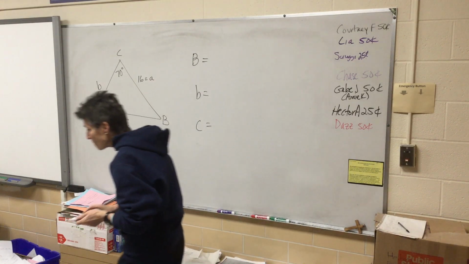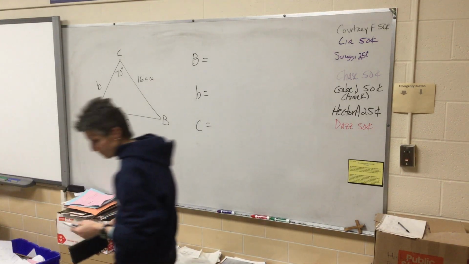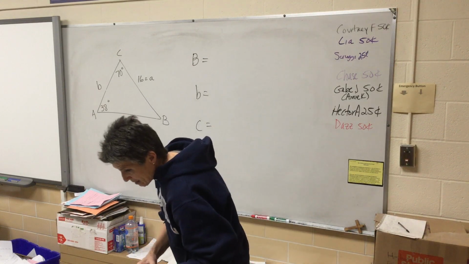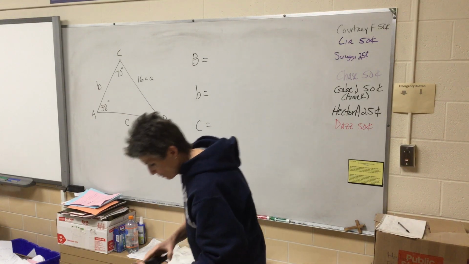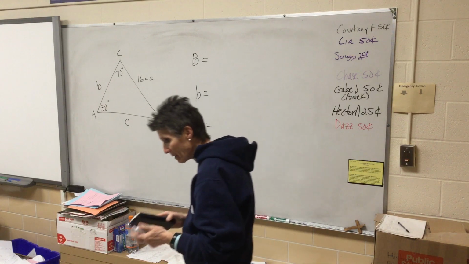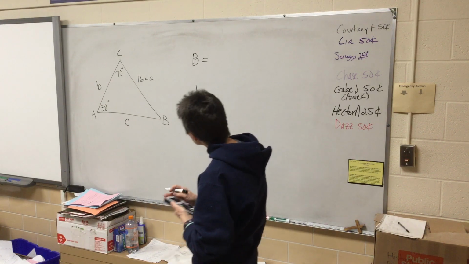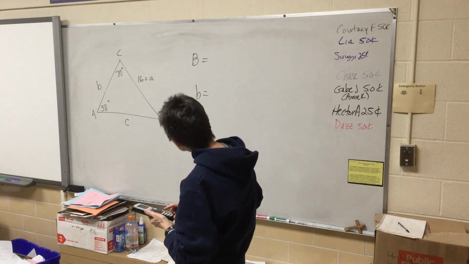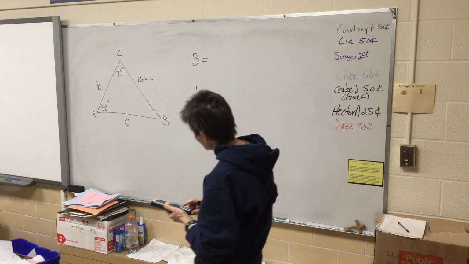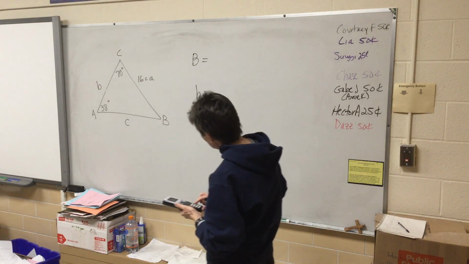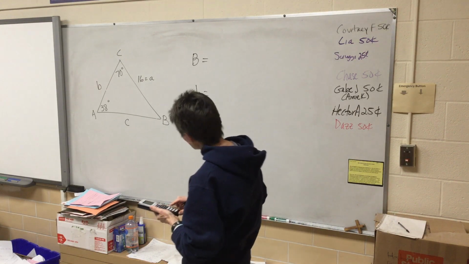Now, I bet everybody in the room or everybody on the screen here can find angle B. What are we going to do in order to find angle B? Think back to geometry. What do we know about our triangles? You gotta add up the angles you know, and then 180 minus the angles you know.